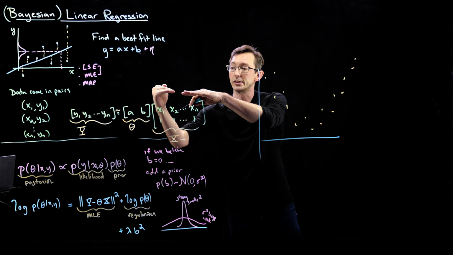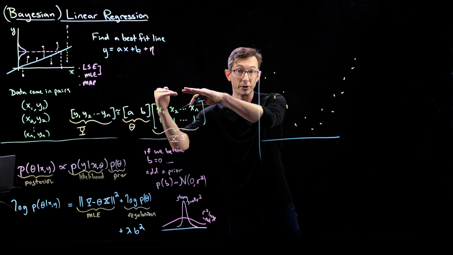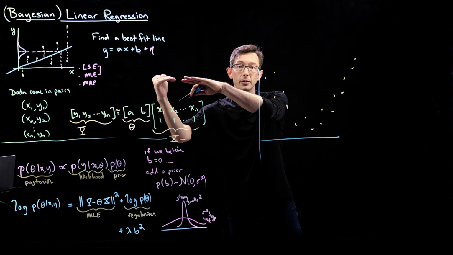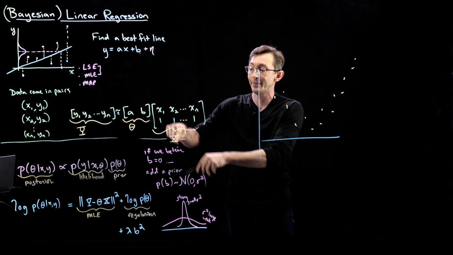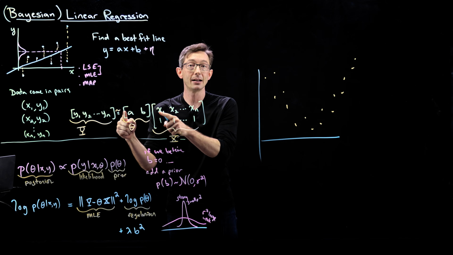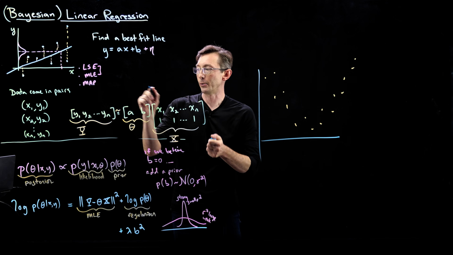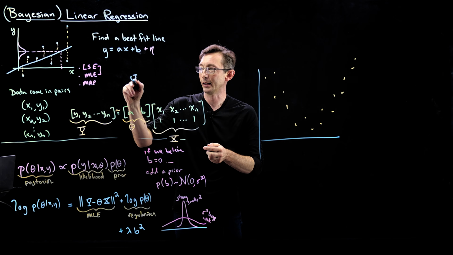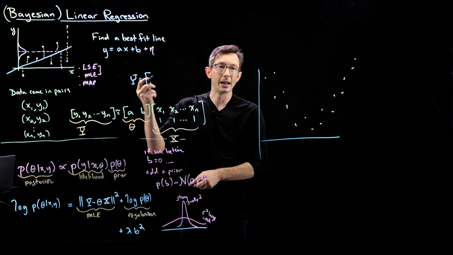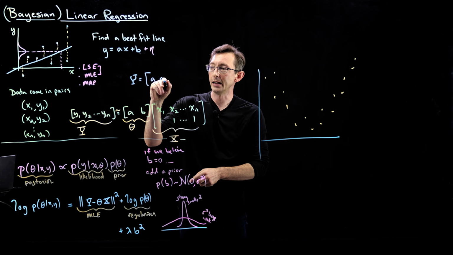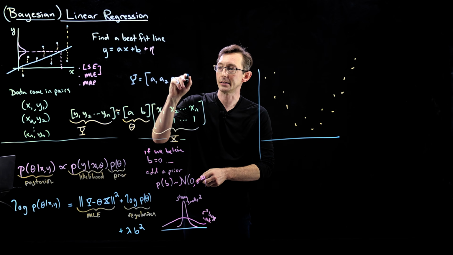You could add x squared for a quadratic fit. You could add x cubed for a cubic fit. You could augment this data matrix x and augment the number of parameters in theta.